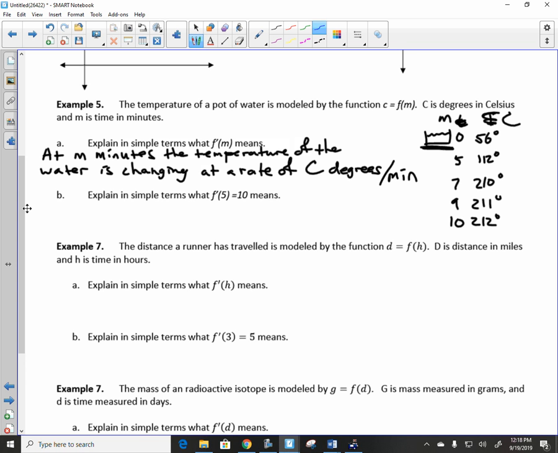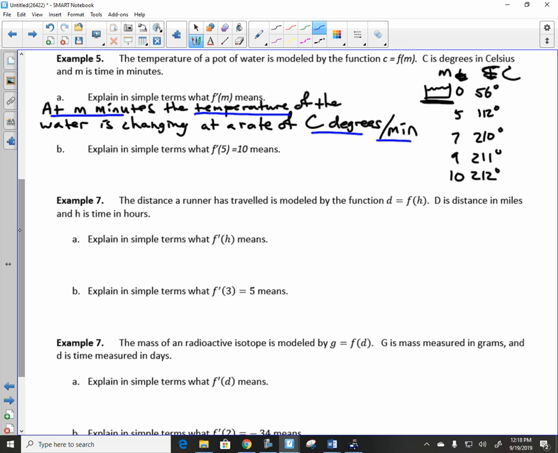So there are some really important pieces here. Number one, at m minutes, you need to state the specific time. Second of all, you need to state what is changing. It's the temperature that's changing. And then finally, you've got to have a rate. Those are three pieces that are simply a must. So explain in simple terms what f prime of 5 equals 10 means.